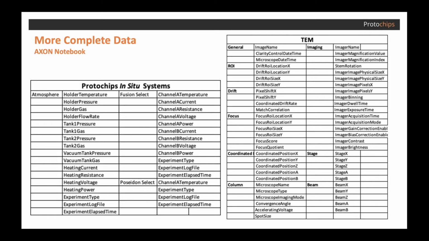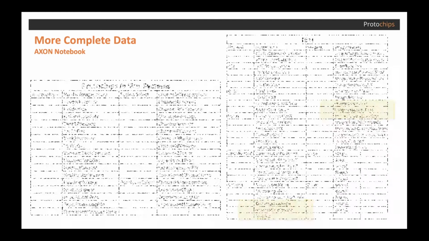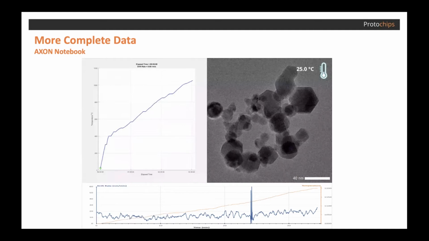You can see here a large array of data from the Protochips in-situ systems, the TEM, and the imaging detectors that's automatically embedded into each image, including many, like these shown here, that are used in calculating electron dose. All the recorded parameters you see here are compiled into an Excel sheet, which we could then use to create graphs and trend charts that align with the images.